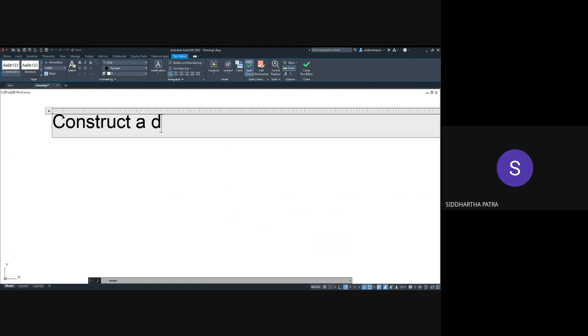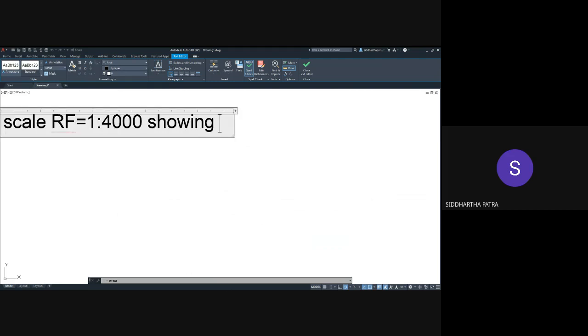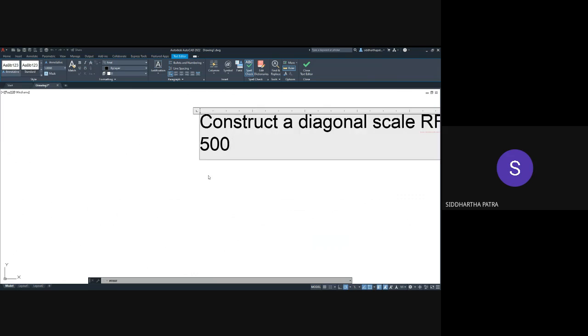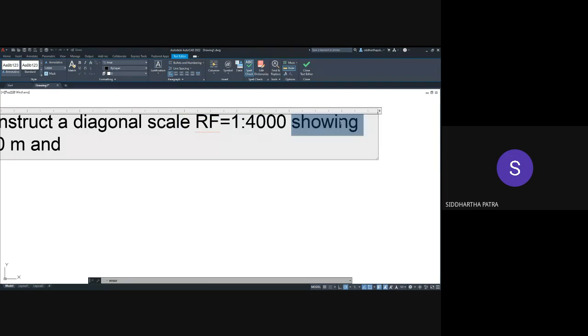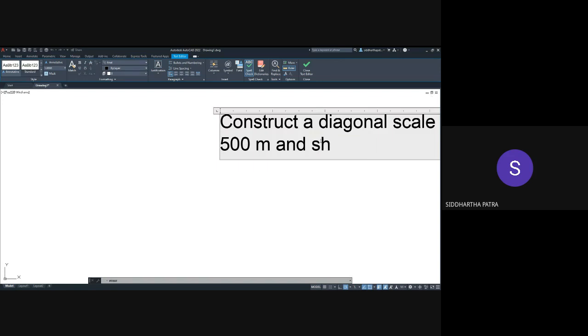Construct a diagonal scale with RF 1:4000, measuring 500 meters and showing 1 meter as a least count.